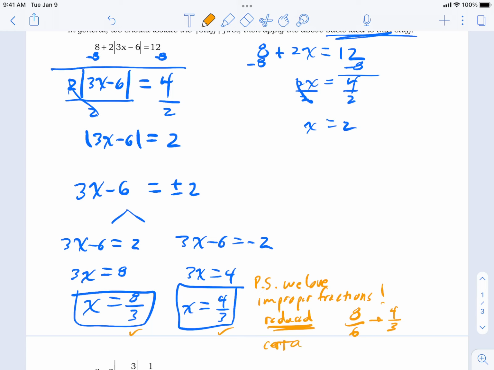Certainly not decimals, and you're going to hear me say this a lot in this course. We usually prefer to work with nice fractions because fractions are exact. 8/3 is exact. 2.6 is a horrible rounding off of 8/3. 2.66 is also a horrible rounding off of 8/3. 2.667 is not quite as horrible, but it's still horrible, rounding off of 8/3.